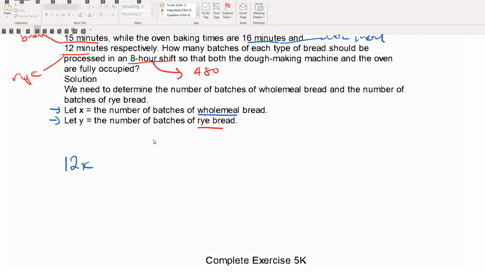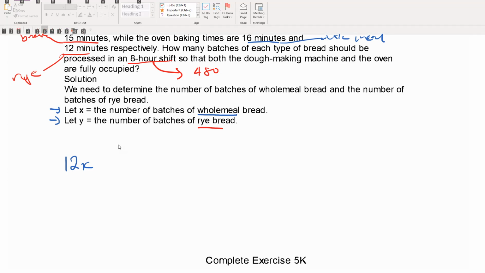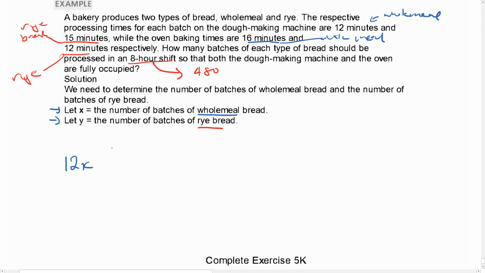The second part of that question is 12x plus how many minutes for the rye bread for the dough making? It's 15, so 15y, and that should equal 480 because you want it to go over the whole 8-hour process in the dough making machine and oven.